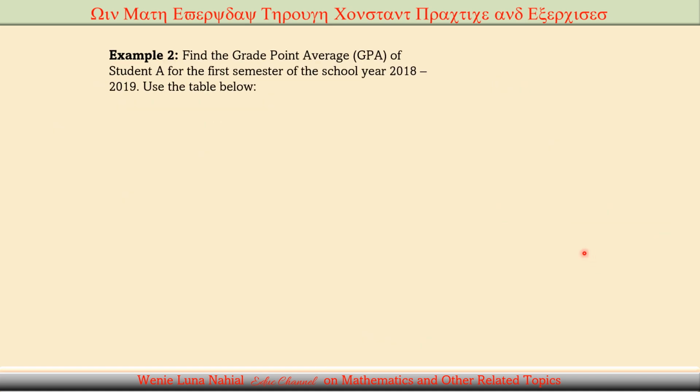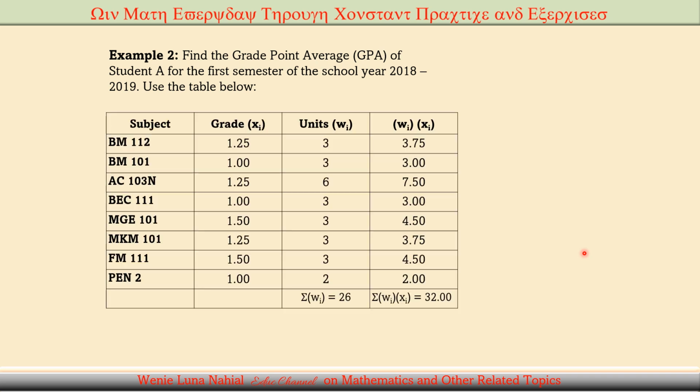Another illustration: find the grade point average, GPA, of student A for the first semester of the school year 2018-2019. Use the table below. Here we have the subject in the first column, the ratings in the second column, and the units earned in the third column.